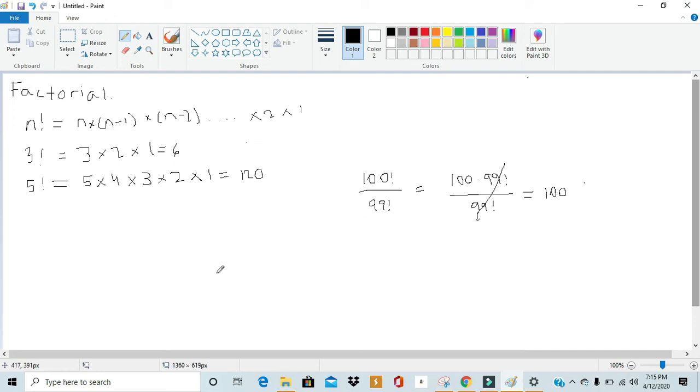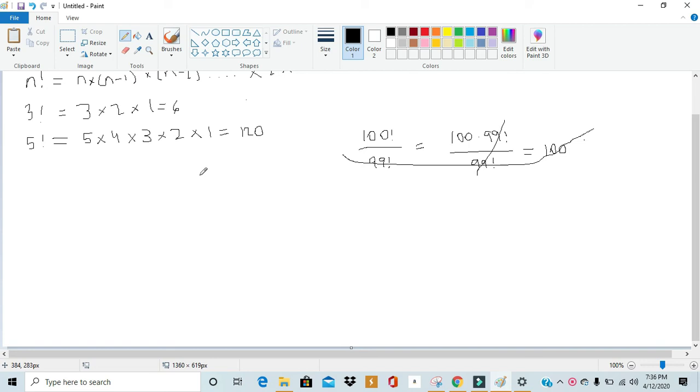Now, what does this have to do with permutations? Well, permutation describes the number of ways we could arrange a set of objects with regard to order. Well, what does that mean? I just listed out a bunch of fancy jargon.